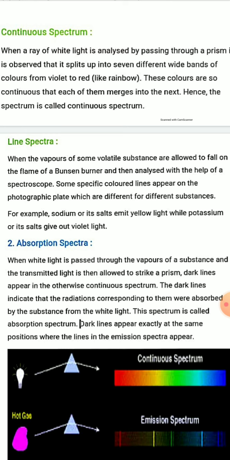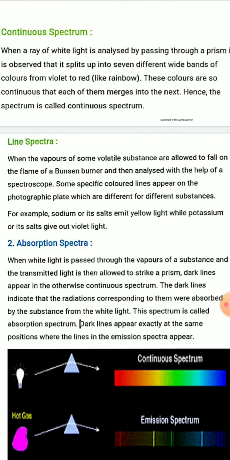When the vapor of some volatile substances is allowed to fall on the flame of a Bunsen burner and then analyzed with the help of a spectroscope, some specific colored lines appear on the photographic plate, which are different for different substances. This type of spectrum is called line spectrum.